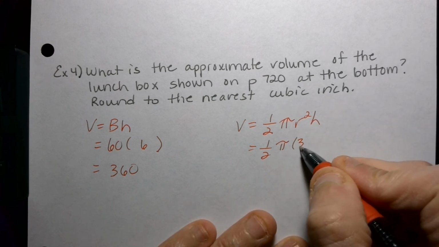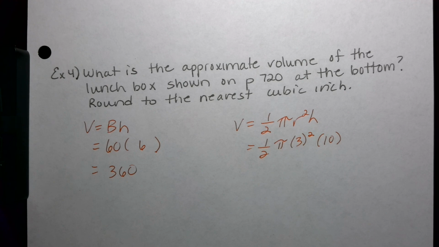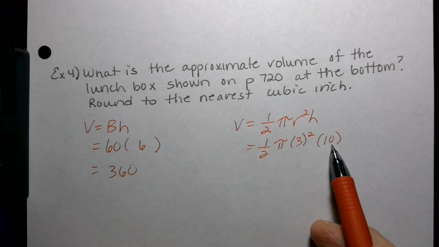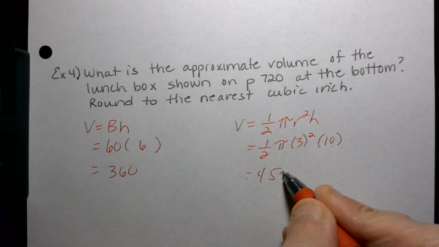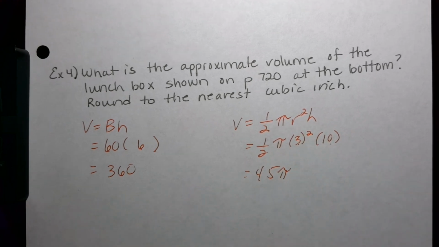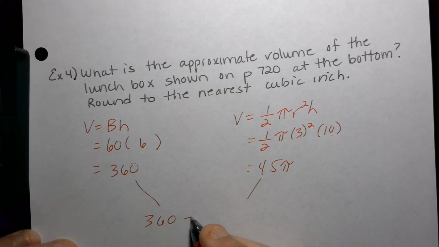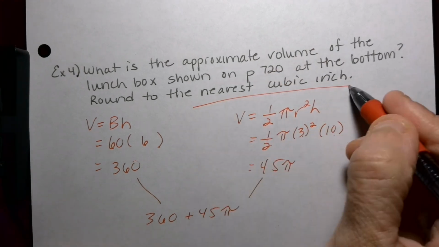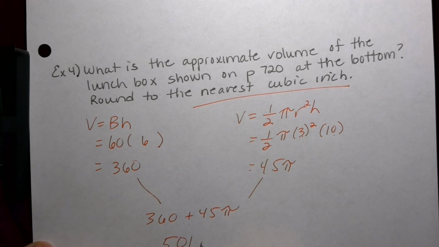It's 3 squared, and then the height is a 10. So when we multiply, we can do half of 10, 5 times 9, it's 45 pi. But don't forget, now we're trying to find the whole thing together. So we need to add those two, and round to the nearest inch. And when you do that, you should get 501 inches cubed.